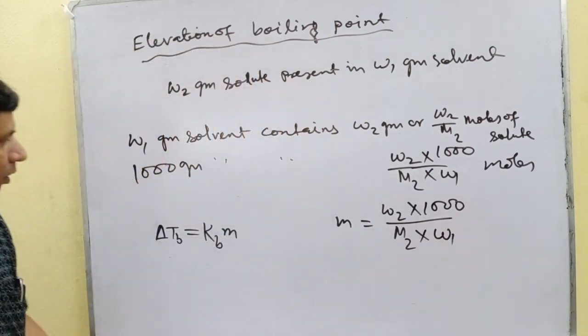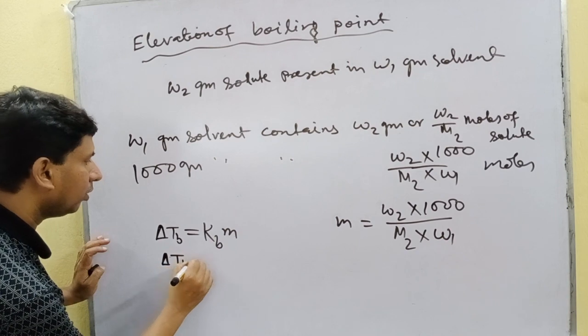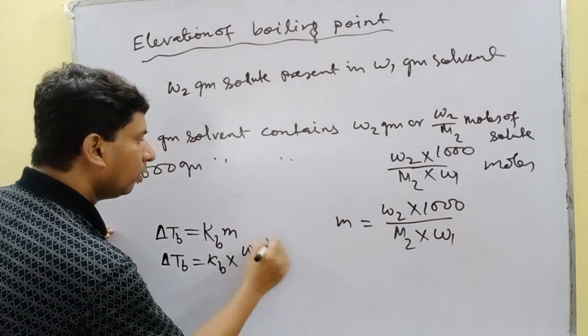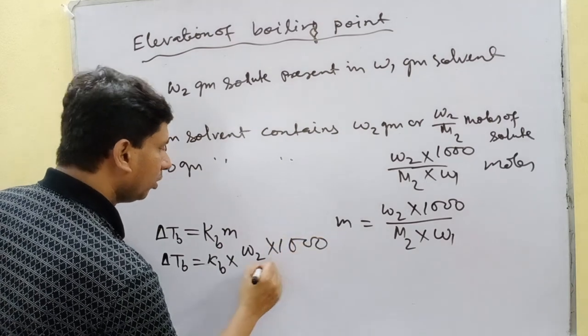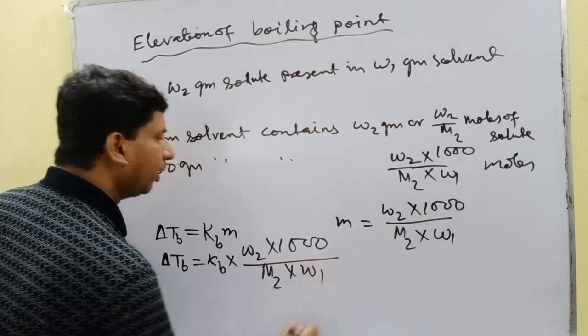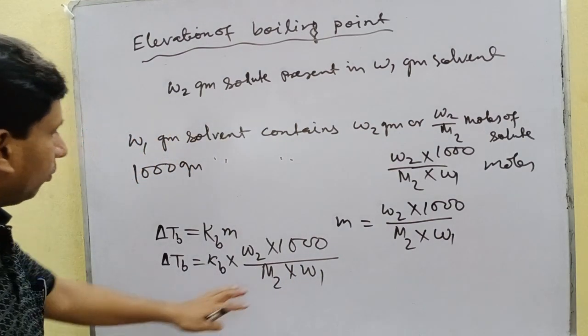Okay. So we can write delta TB equals Kb into W2 into 1000 divided by M2 into W1. Clear?